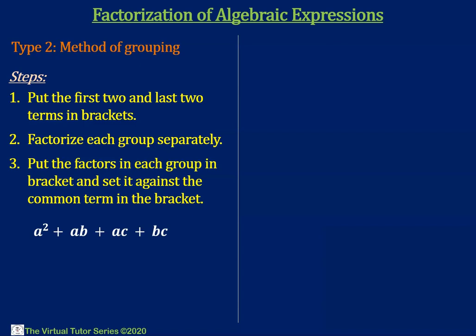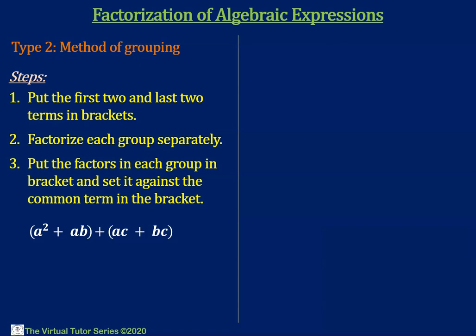So let's try to factorize the expression a square plus ab plus ac plus bc using these steps. Step number 1 is to put the first 2 and last 2 terms in bracket. Step number 2 is to factorize each group separately.